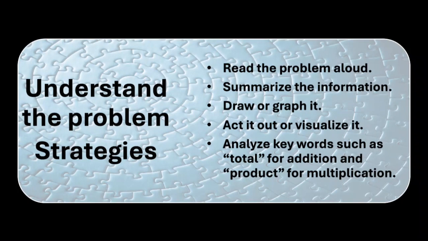You can also draw a picture if it deals with the lengths of a shadow. That could be really helpful to draw out. You could act it out or visualize it if you don't have the space to act it out. You can analyze keywords, such as how total in a problem refers to addition, and the product of deals with multiplication.